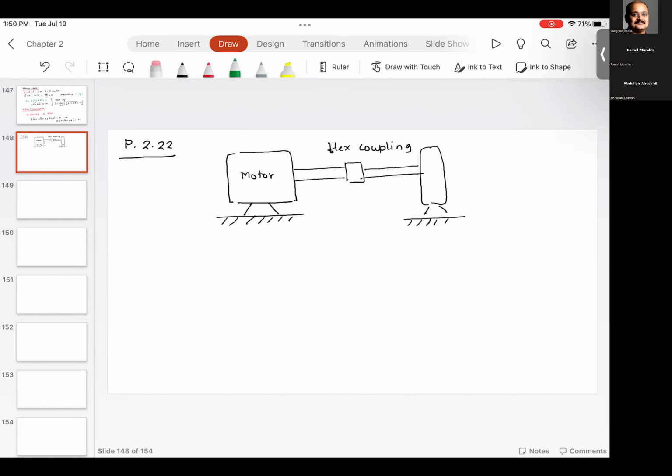So the inertias are Jm of the motor, Bm of the motor is, K, and then here there is flow in and flow out.